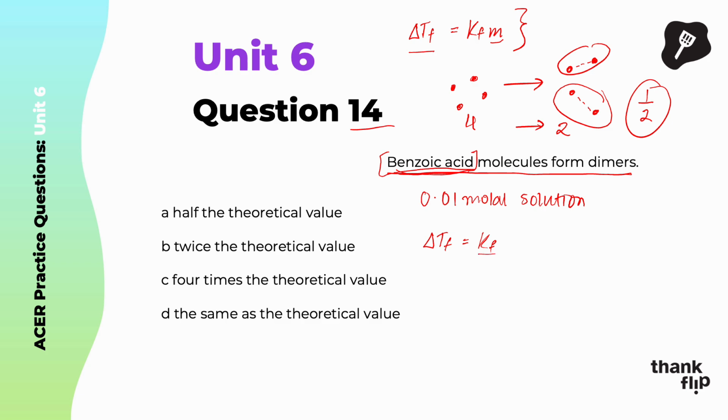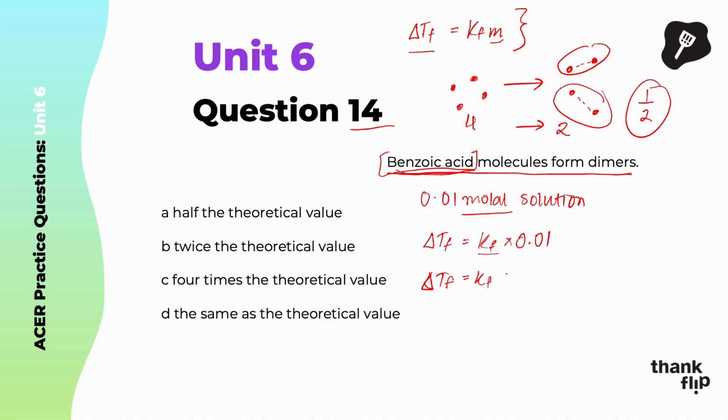So this stays the same, so we can pretty much ignore that. And then times, originally the theoretical would be 0.01 because that's the moles, right? However, because of this dimerization, the number of particles that have an impact on freezing point halves.